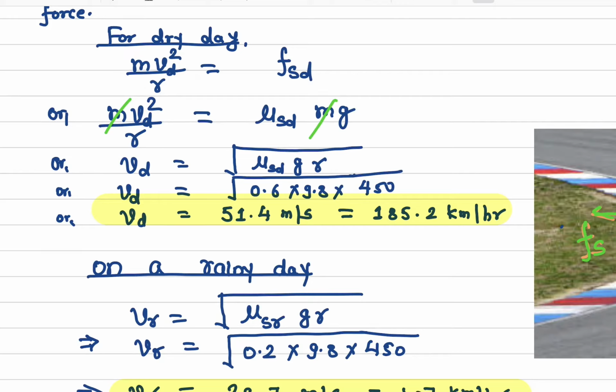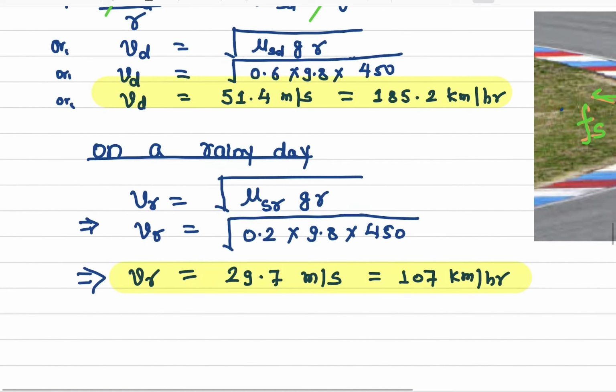So the velocity can now be calculated because all the values are given. Mu sd, the coefficient of static friction, is 0.6. The acceleration due to gravity is 9.8. The radius is 450. If you plug in, you get 51.4 meters per second. And if you change it to kilometers per hour, you get 185 kilometers per hour on a dry day.